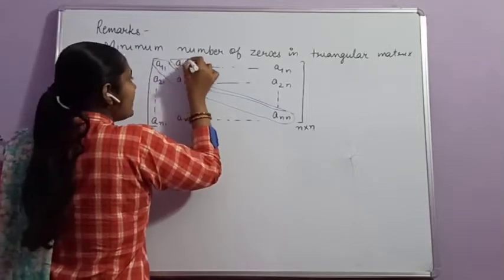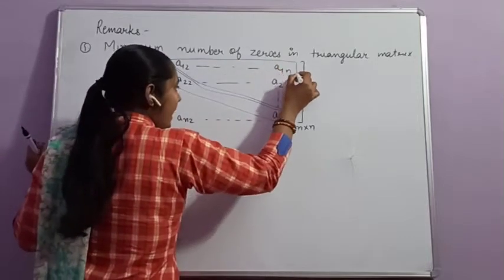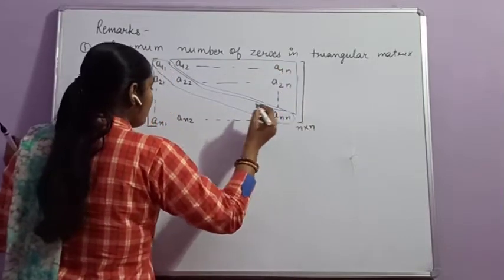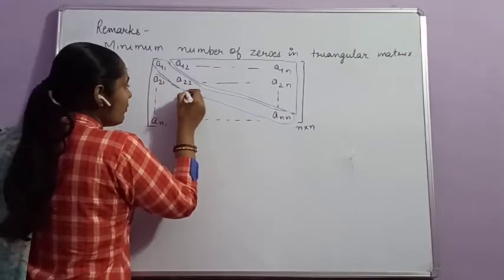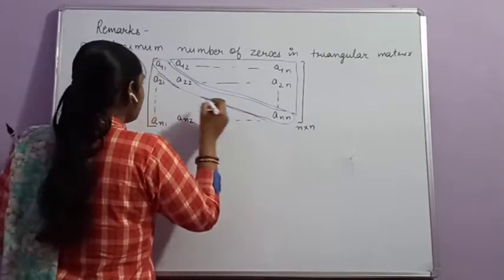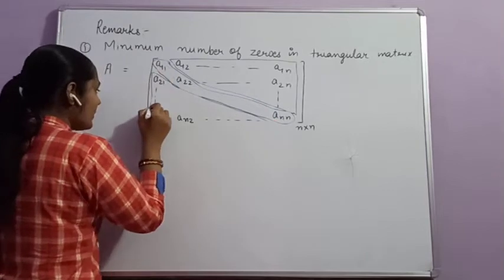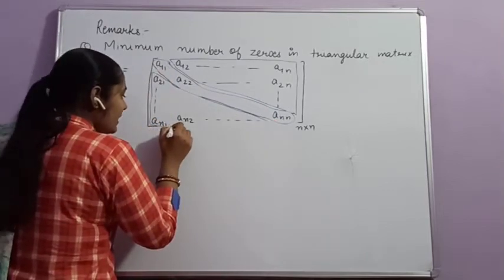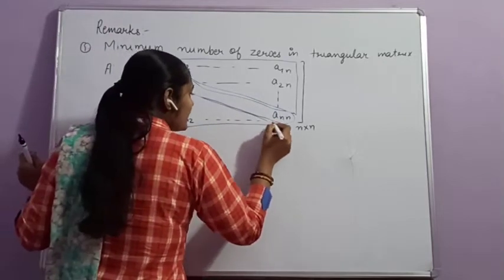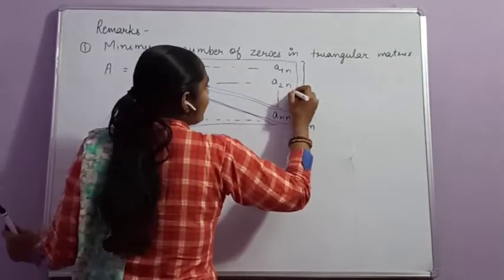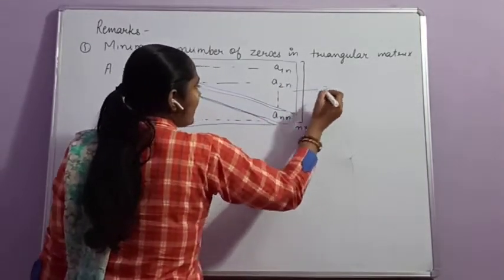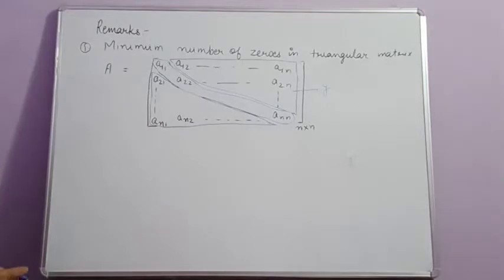We know that in the upper triangular matrix and the lower triangular matrix, the number of elements are equal. Clear? So we consider that the number of elements in the upper triangular matrix is equal to y.